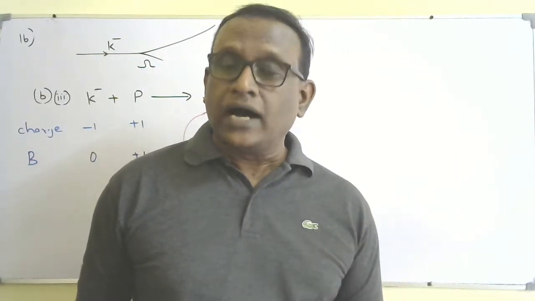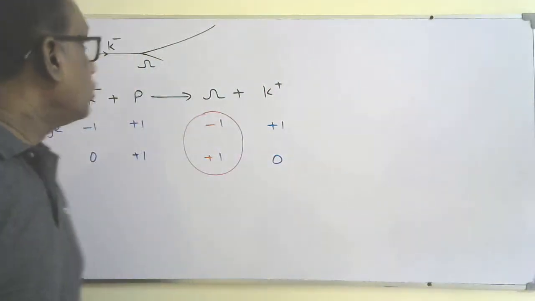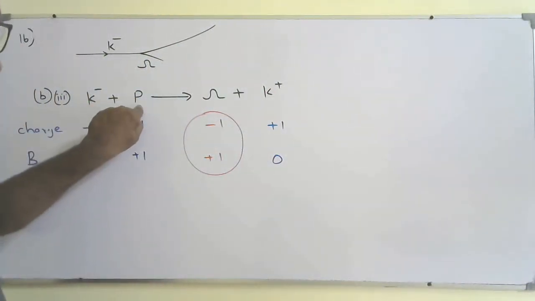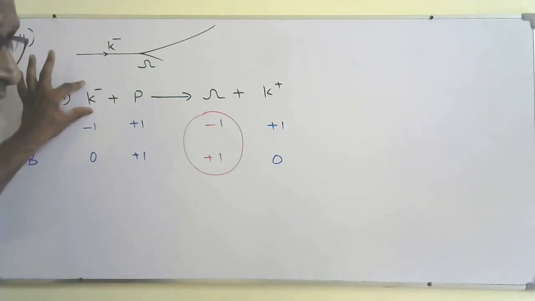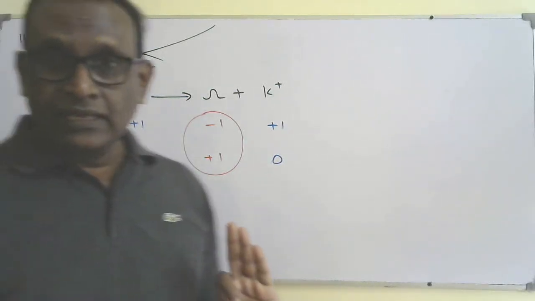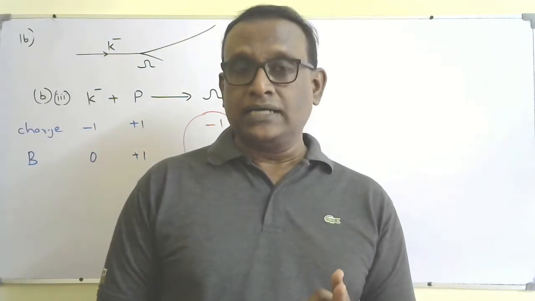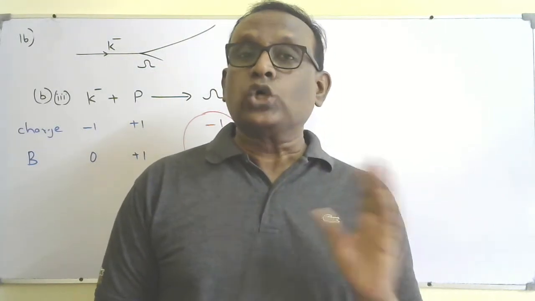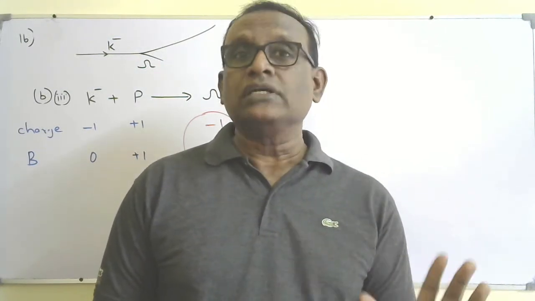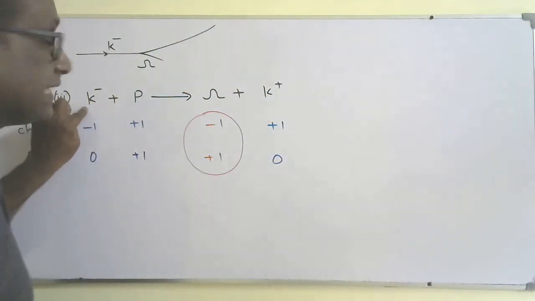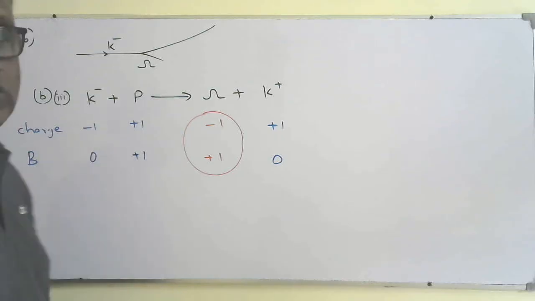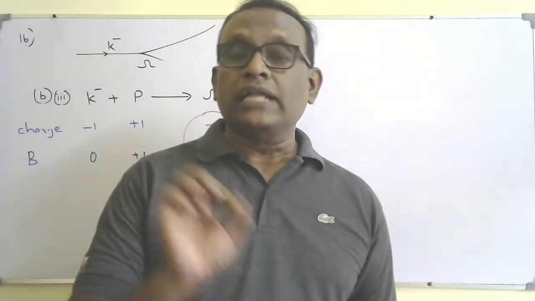Total mass energy means, you know, proton is at rest initially. K minus is moving, so K minus has kinetic energy, right? It has mass. So when we consider total mass energy, we should consider the addition of its kinetic energy and its mass, but you can't add joule and kilogram.